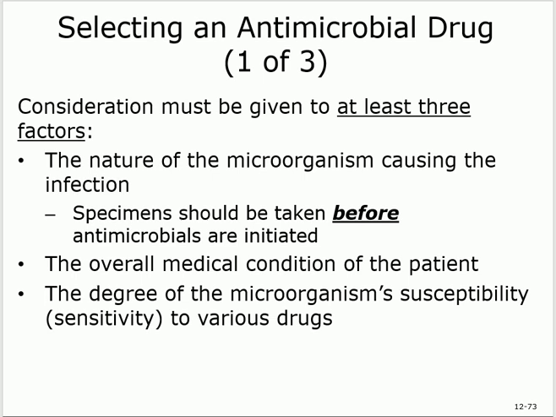When you consider an antimicrobial drug, I think we talked about this before, you need to know the nature of the microorganism first, most of the time. So they do a throat swab, right? If they think that you might have strep throat or something, they take a swab.